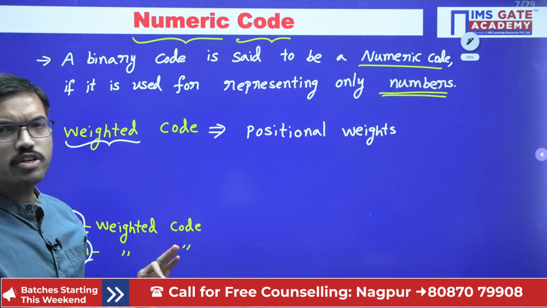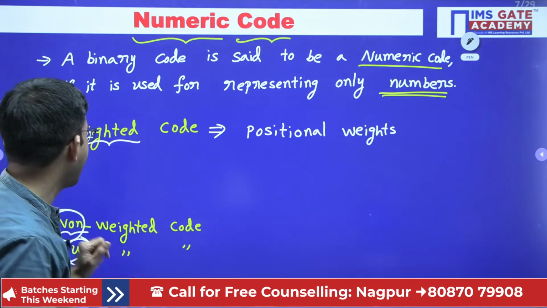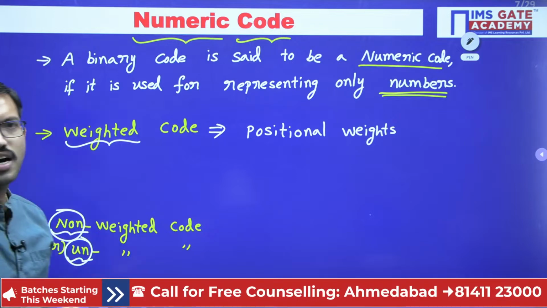If there is no positional weight, then we call that numeric code a non-weighted code or unweighted code. Can you give any example for weighted code and any example for non-weighted code? All of you quickly respond.